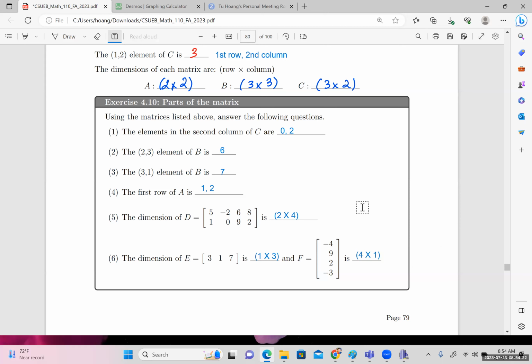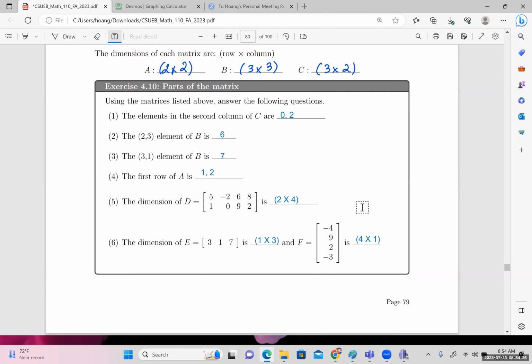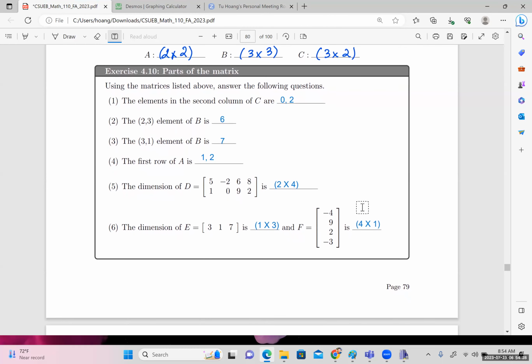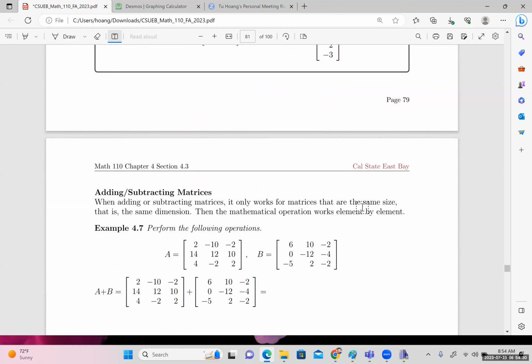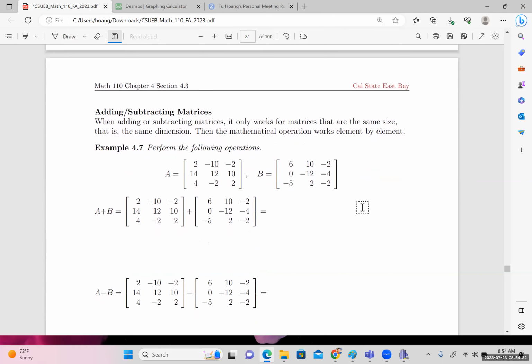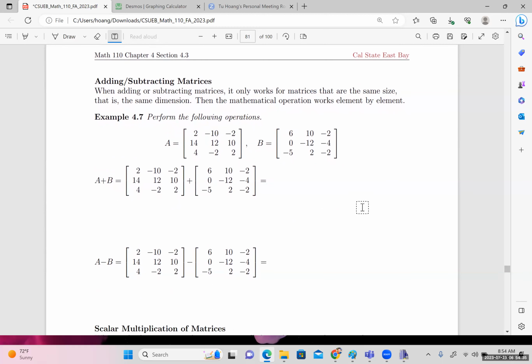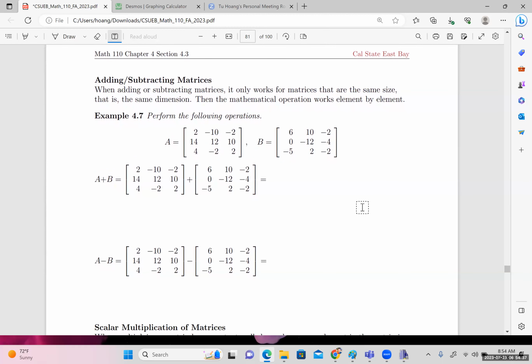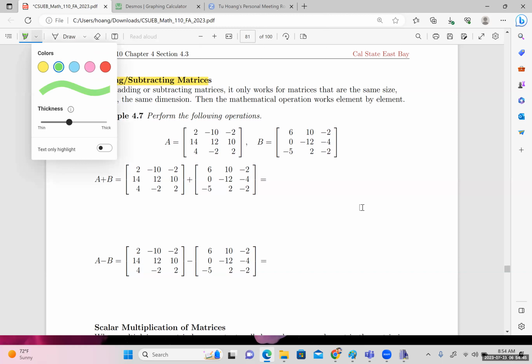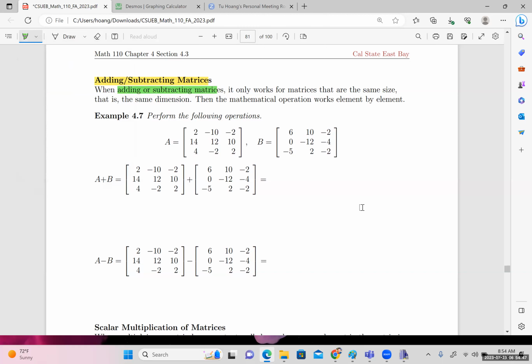Okay, so I'm going to move down and talk about adding and subtracting matrices. In matrices we can add and subtract, and it only works for matrices that have the same size.